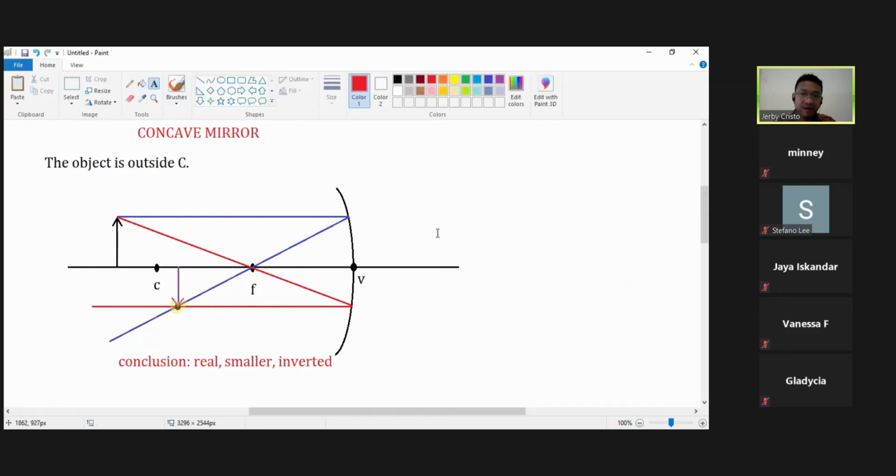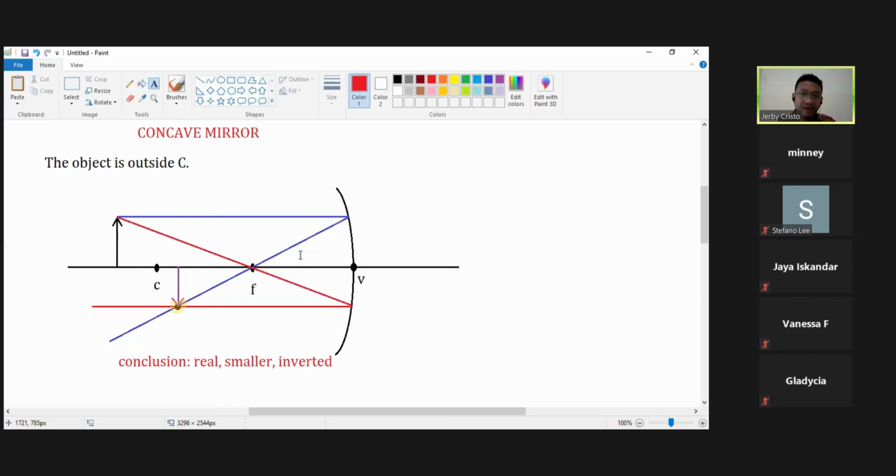This is only one of the cases for concave mirror. What are the other cases? The other cases are when the object is found at point C, between C and F, at the focus, between F and V, and finally, when the object is touching the mirror.